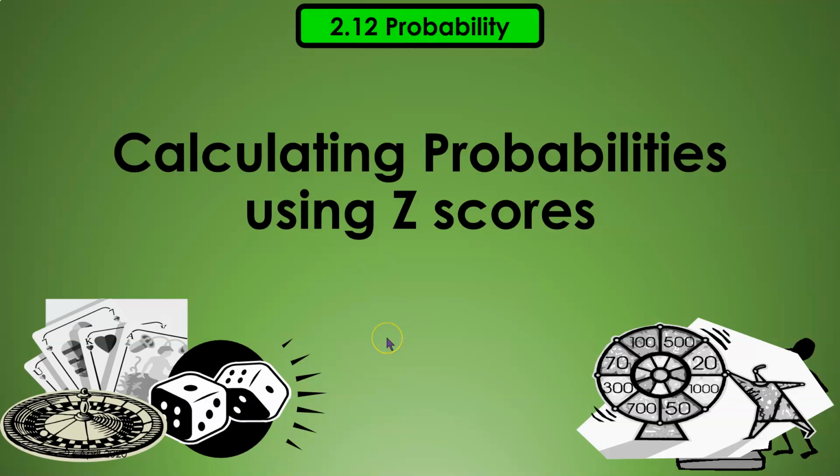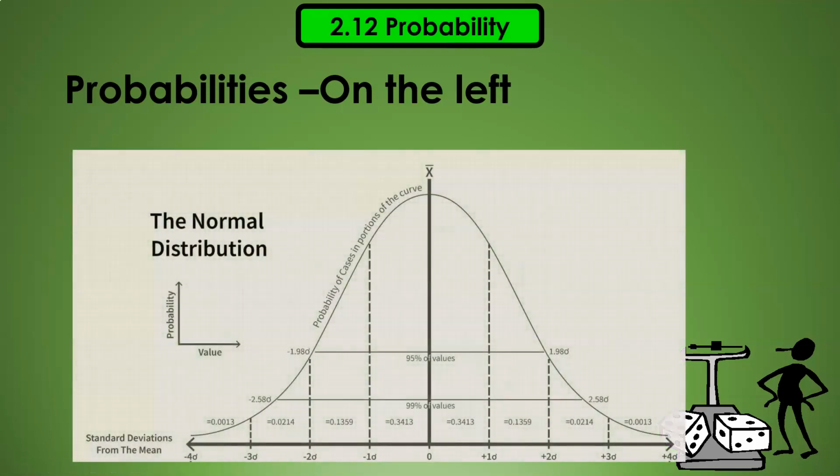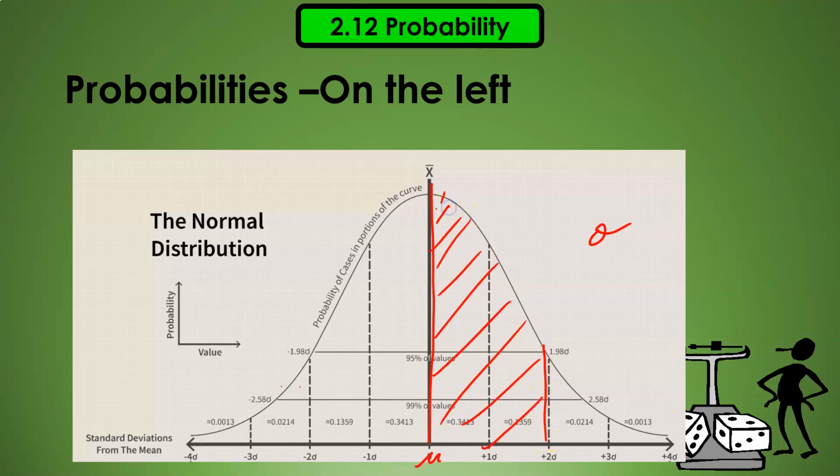So today's lesson is looking at calculating probabilities of z-scores on the left. In previous lessons we know the mean is in the middle, we've got a standard deviation, and we have been working out the area to the right.